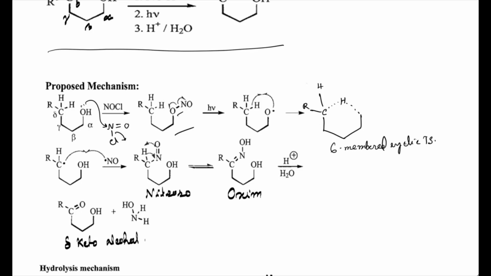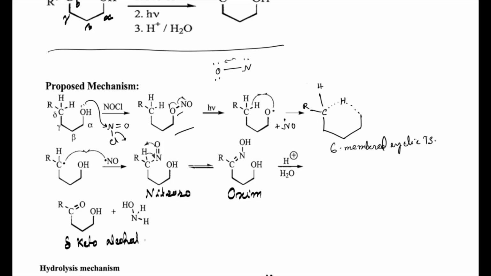This bond is quite weak because this oxygen has 2 lone pairs of electrons and nitrogen also has 1 lone pair of electrons. So the interelectronic repulsion makes this bond quite weak, and in photochemical conditions it easily breaks, and an alkoxy radical is formed plus an NO radical.